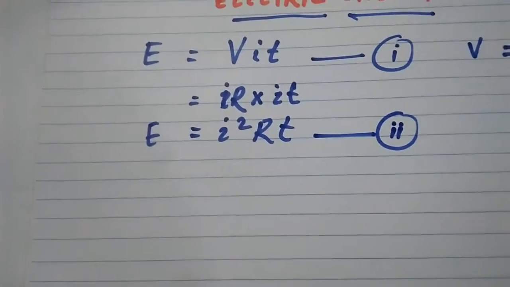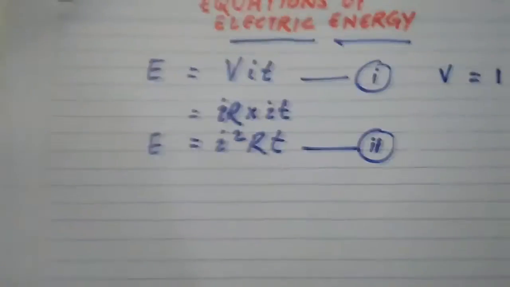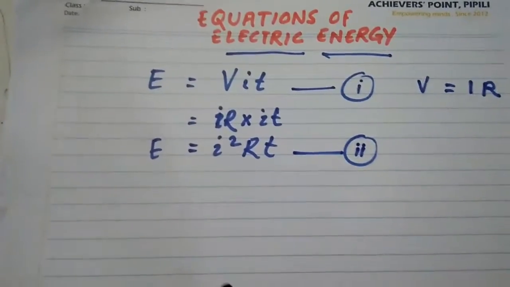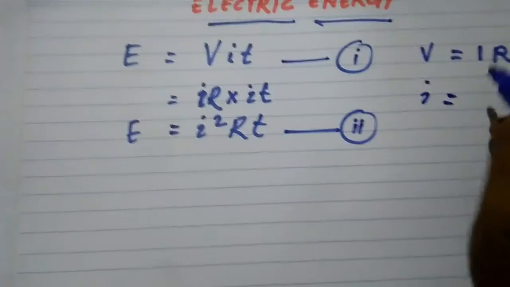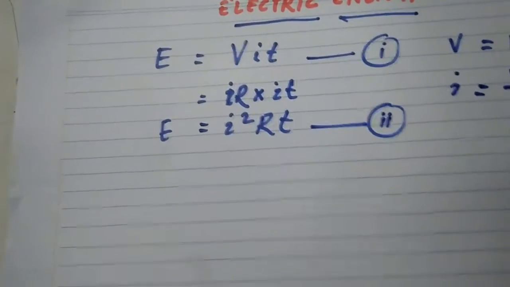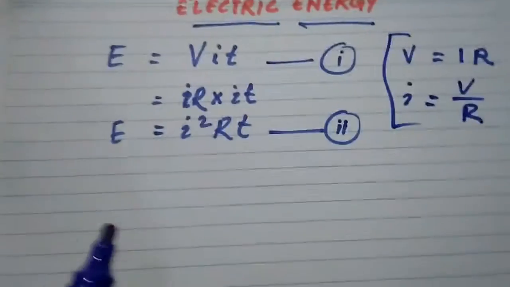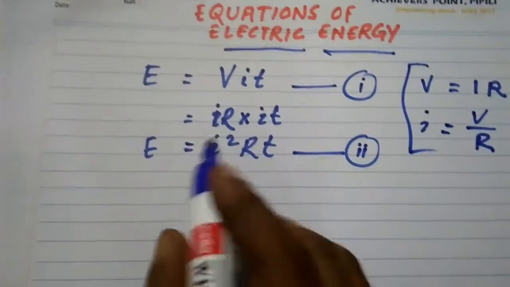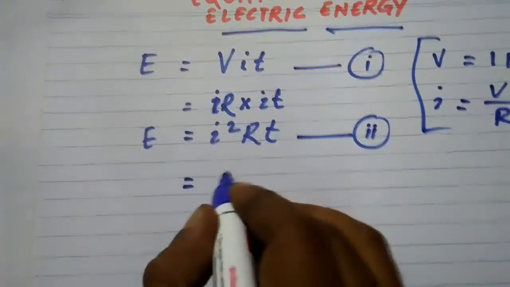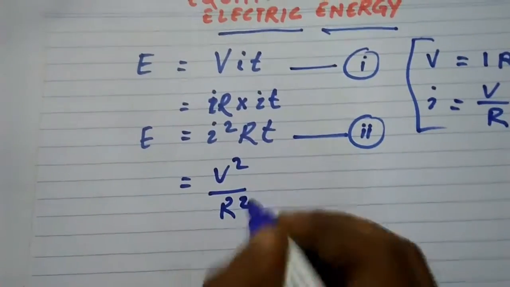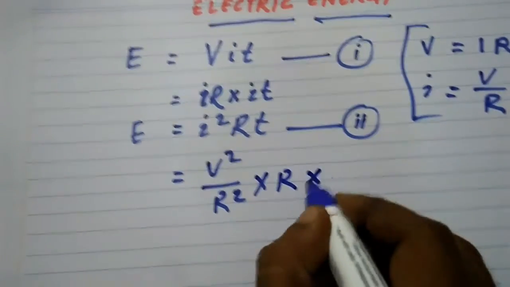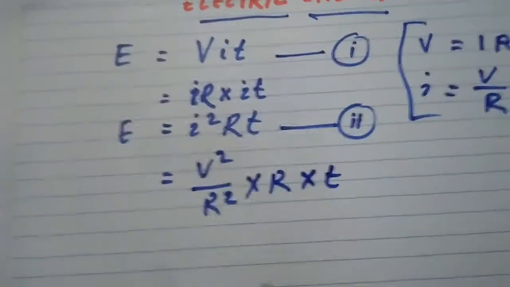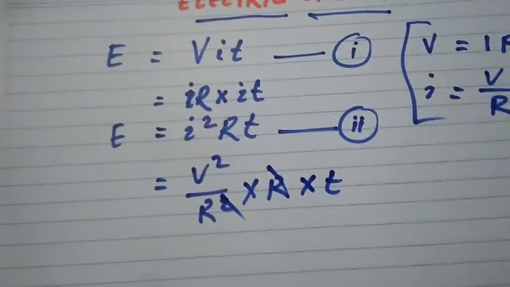Again, if we want to eliminate I from this equation, what can be done? Following Ohm's law, I will be V by R. Then in place of I we can put V by R, so we get V square upon R square into R into T. Here R can be cut.